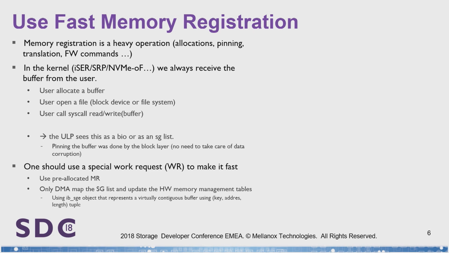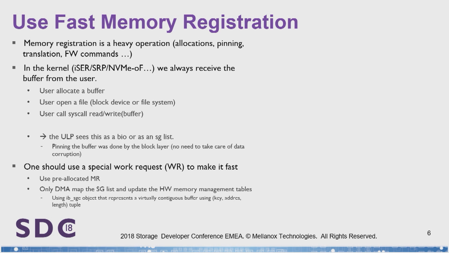The memory registration operation is quite heavy and it includes allocation, pinning, translation, and so on. So in order to maintain very good performance, we need to think about how we can utilize other layers along the way and use a faster registration.